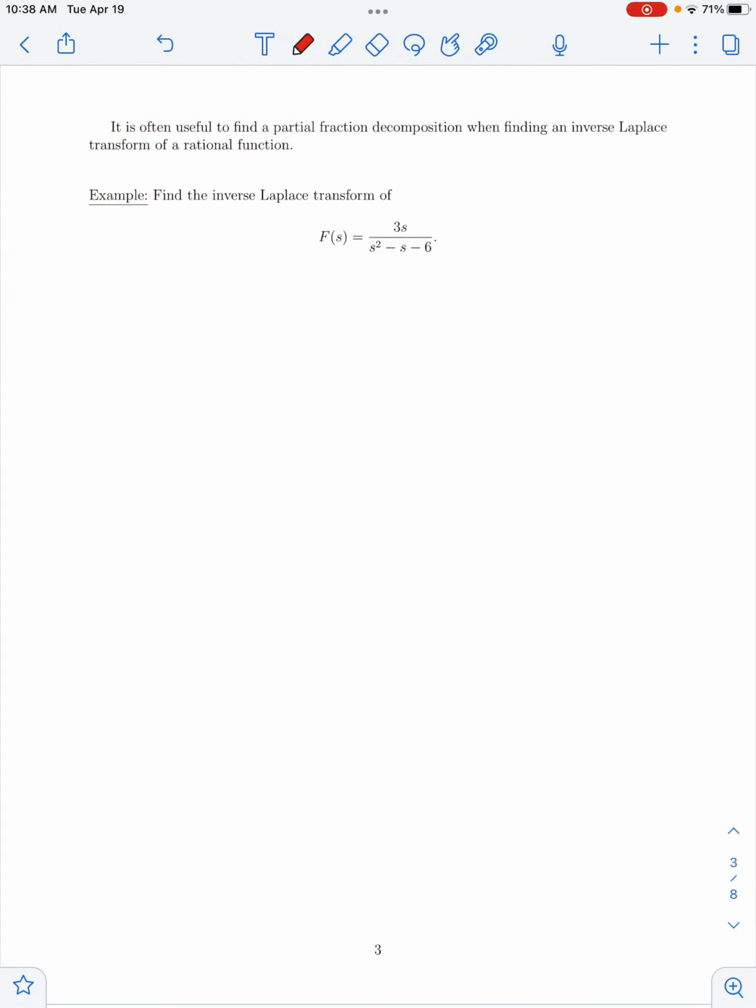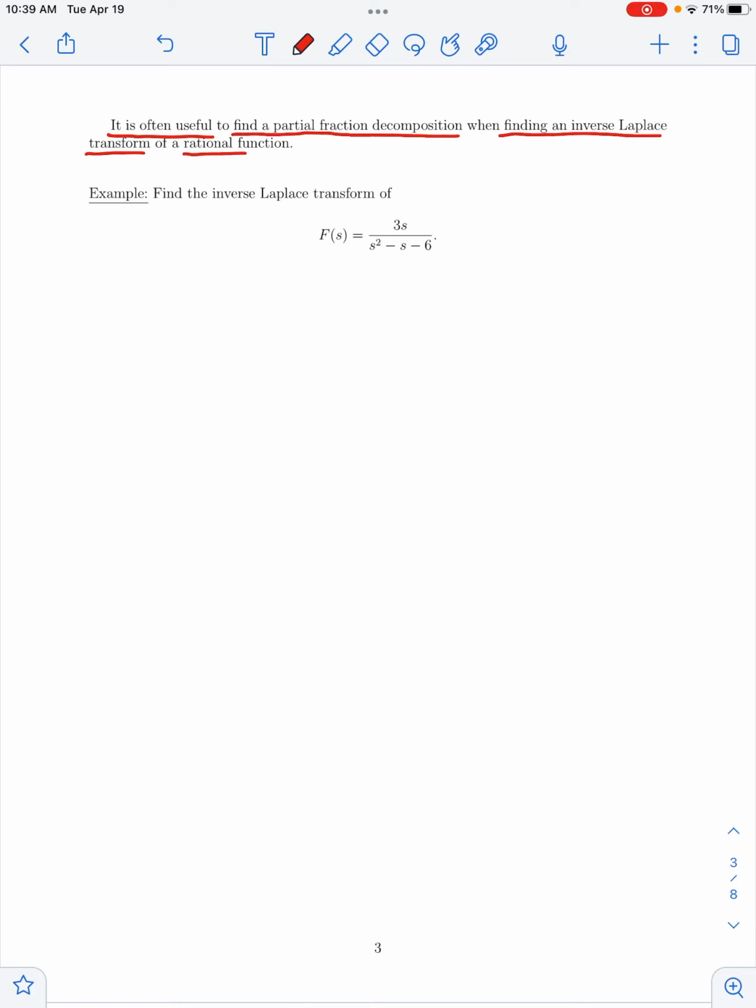So what we will see is that it is often useful or necessary to find a partial fraction decomposition in finding the inverse Laplace transform of a rational function, that is a quotient of 2 polynomials. So let's look at an example of this. Here we're asked to find the inverse Laplace transform of this function.